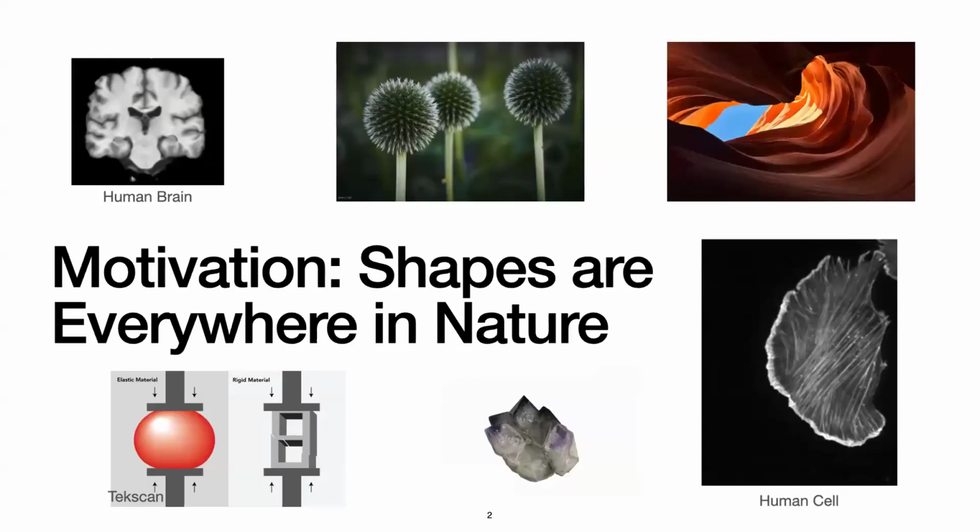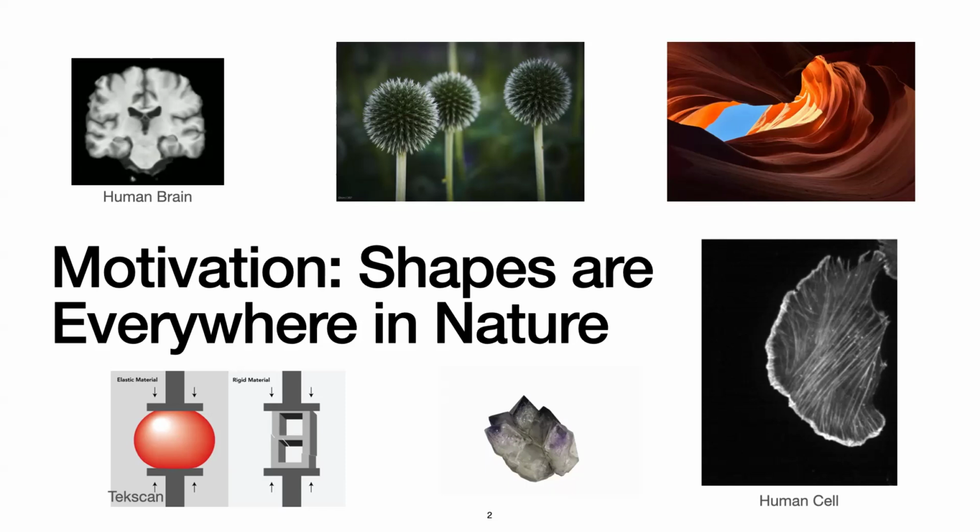I think that this talk will be very interesting to anyone who's interested in anything in nature, because shapes are everywhere in nature, specifically in the materials department. I know there are people working on cell properties, and in the psych department, there are people working on brain properties, and in the materials department, there are people working on crystals and how things deform when under pressure.